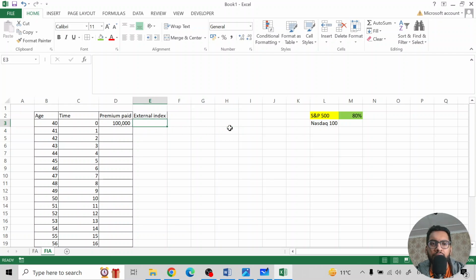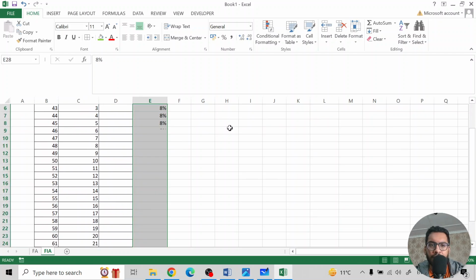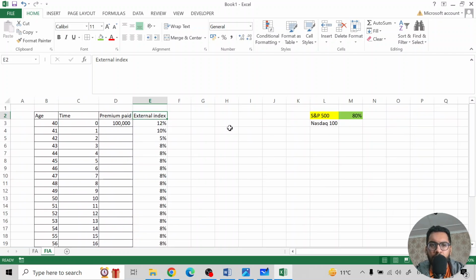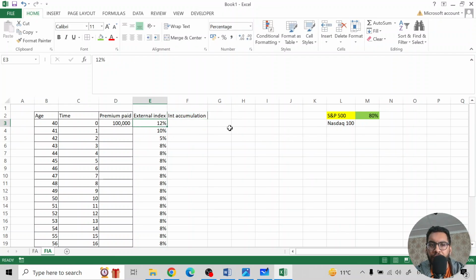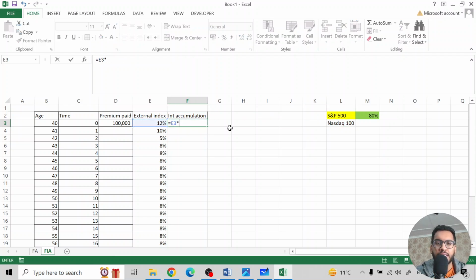So for example, the external base return is, let's say, 12%, 10%, 5%, 8%, let's say 8% for the entire period. The interest accumulation will be on 80% of the return generated by the S&P 500. Basically this into this.